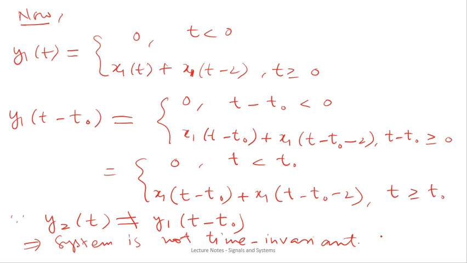Then in the next part, after the signals, we discussed the ideas related to systems, and a number of important properties of systems like stability, causality, time invariance, and linearity.